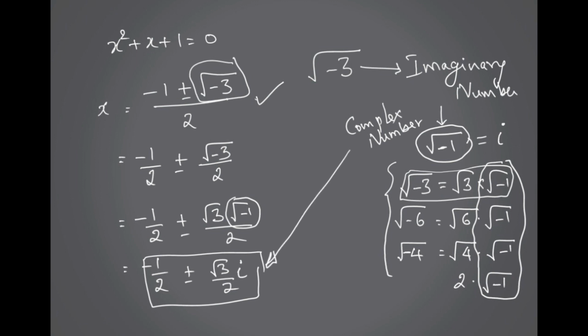It has a number, plus or minus some number, with an I with it. So you have two parts of a complex number. This part without I is called the real part, and this part with I is called the imaginary part.